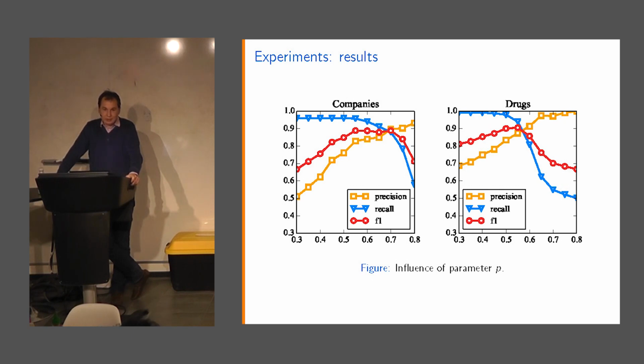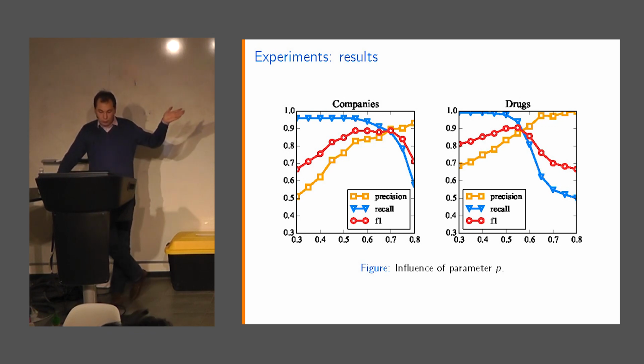Is the effect related to the number of seeds, because you seeded way more companies than drugs? That can be a reason. Another reason could be the fact that one class is more frequent than the other. Another reason could be the fact that drugs maybe appear in simpler patterns to extract, and I haven't really tried to find out why it was different.